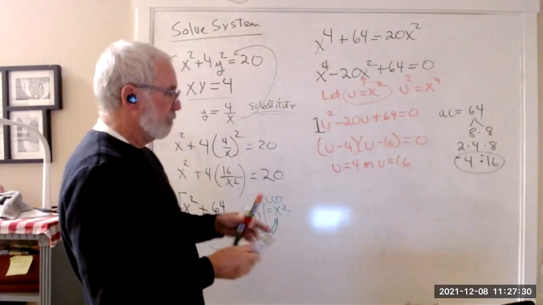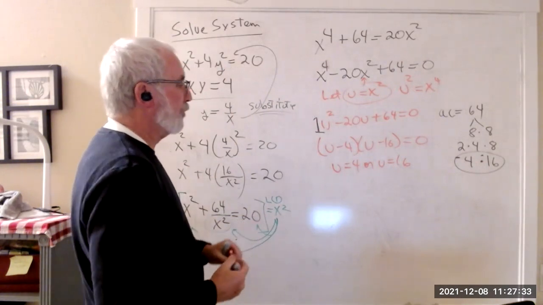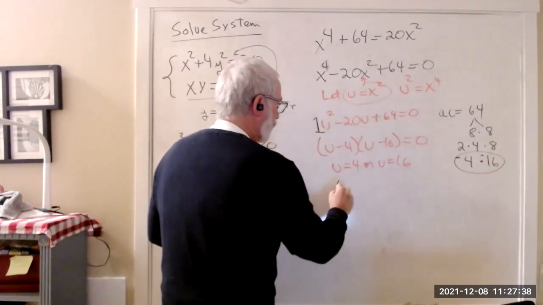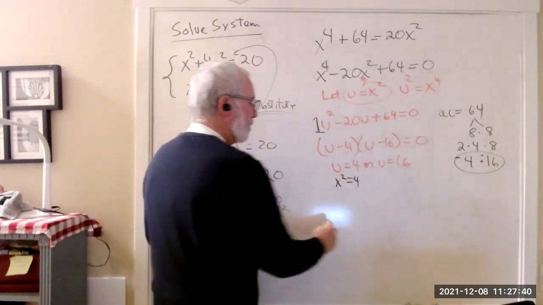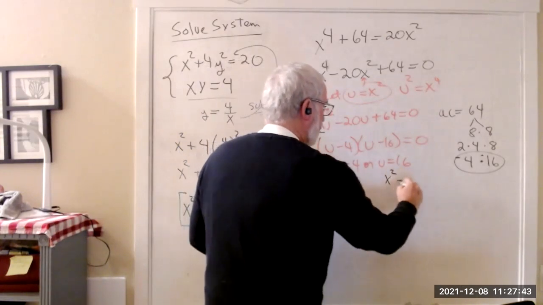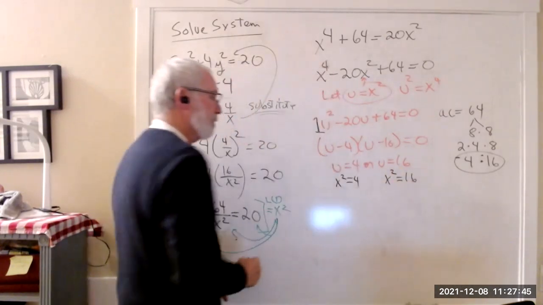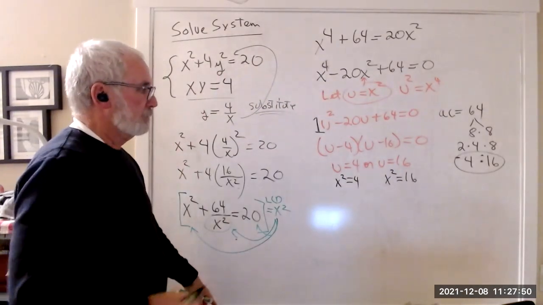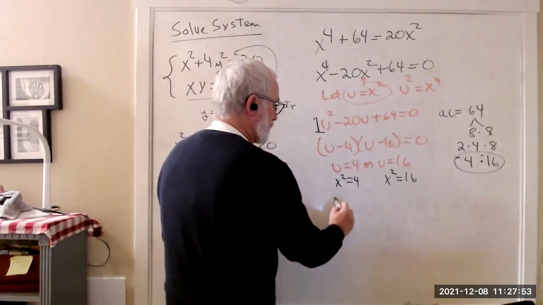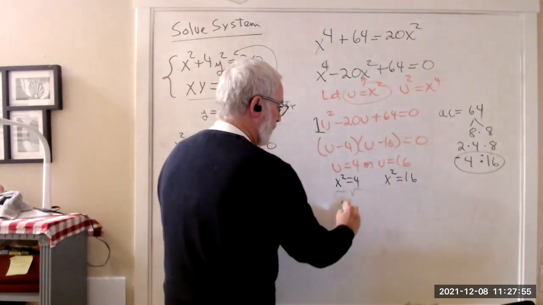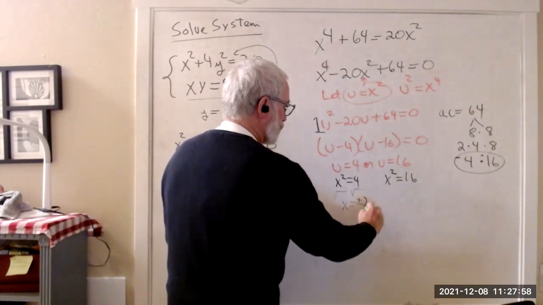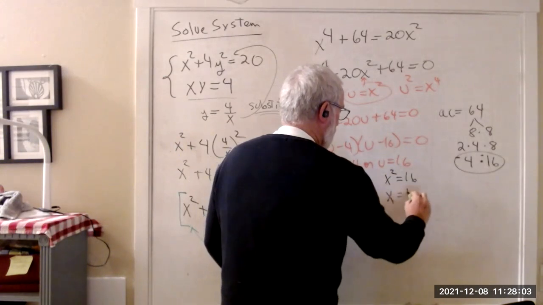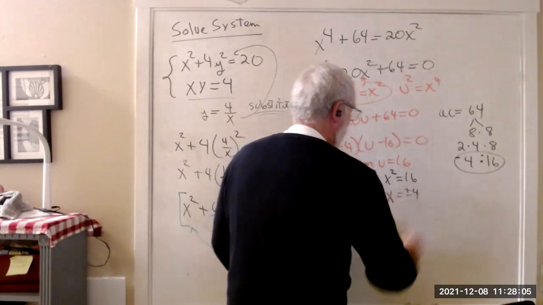But what was u worth to begin with? u was worth x squared. Okay, use the square root principle, square root both sides, and we get x is plus or minus 2. x is, because we square root both sides, plus or minus 4.